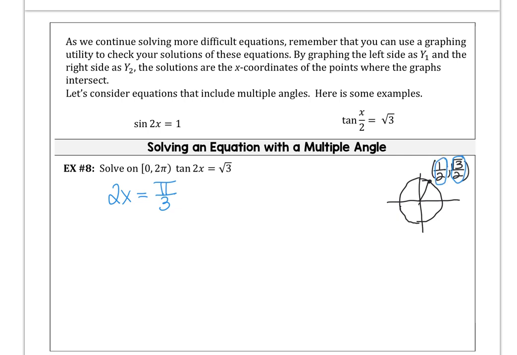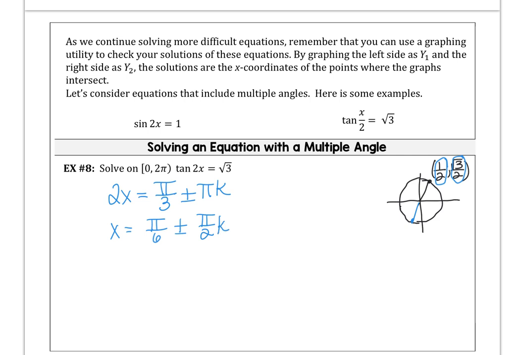That would also happen over here again, and we would want to know every pi k value. Dividing both sides by 2, x is pi over 6 plus or minus pi over 2 k.